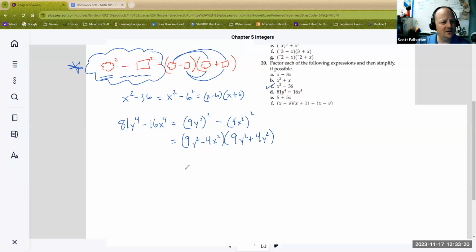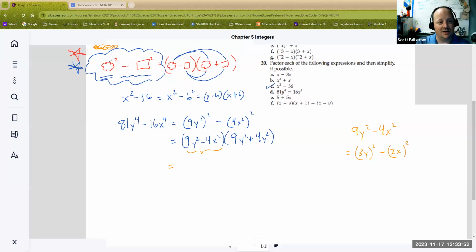Now, the only thing to think about is, could I factor again? Do I have another one of these? I'll change color, we'll go with orange. I wonder if there's another thing that looks like something squared minus something squared. And yeah, there is. Off to the side, I have 9y squared minus 4x squared, which is the same as (3y) squared minus (2x) squared.